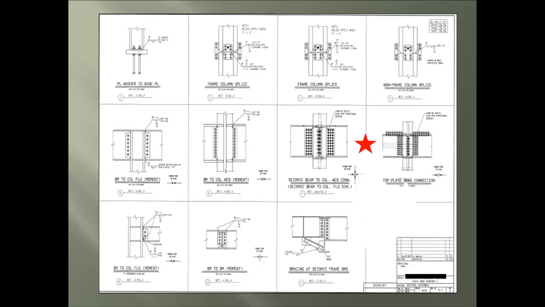The star here shows details for both beam to column connection for bolts and the drag cord connections found on the top flange. The curved line underlines the non-moment beam to non-moment column connections and a beam to beam connection. While lastly, we see the diagonal bracing detail.